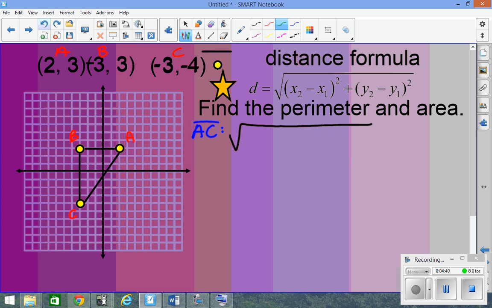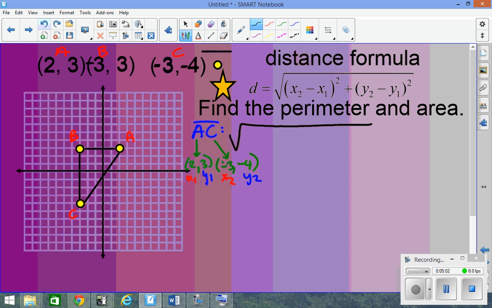So that's what some of you were asking me about today. How do you know which coordinates to use? Well, you're going to use A, which is 2, 3, and you're going to use C, which is -3, -4. These are your points.